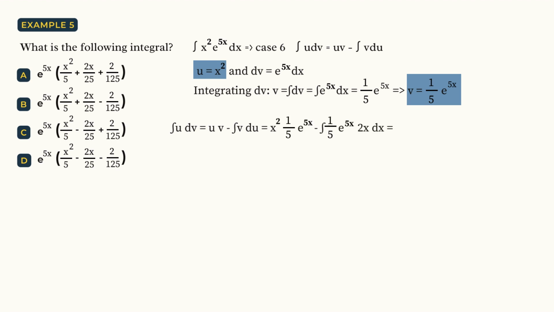Let's write this down. x squared multiplied by 1 over 5 times e power 5x minus integral of v. Again, we're going to substitute v here, which is 1 over 5 multiplied by e power 5x multiplied by du. Attention here, du, we haven't calculated it, but in this case it's really simple.